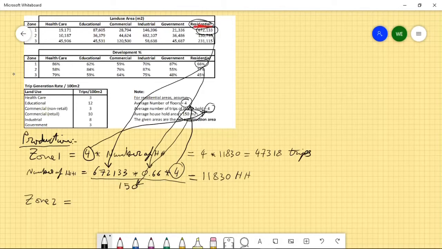Let's now go to zone 2. The same applies.